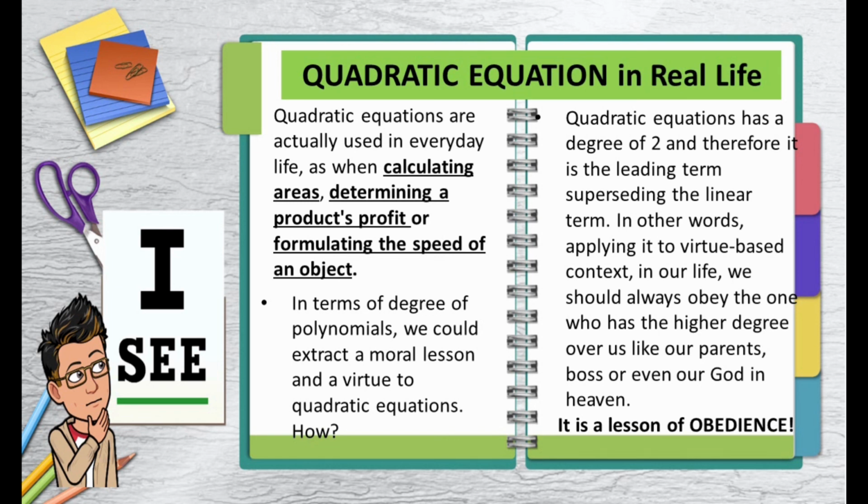Indeed, it is a lesson of obedience. Those who are above us, those who have higher degree over us, those who have authority over us, we must obey them. And that's how obedience works in relation to quadratic equations. Isn't that cool? Alright.